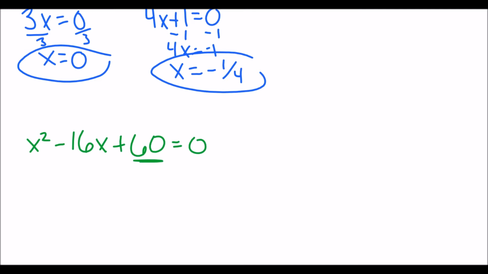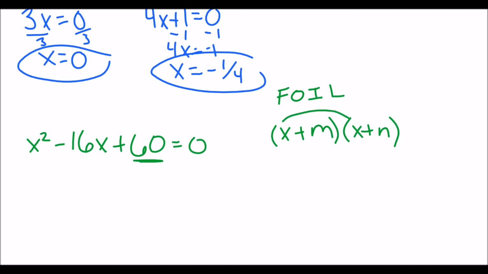What I want to point out is how if we use FOIL on, let's say, x plus m and x plus n. If you don't know what FOIL is, go check out the YouTube tutorial I have called FOIL, and it will walk you step by step through several examples explaining it. But if you do know what that is, it's just a reminder, FOIL is first, outside, inside, last, and that's talking about the terms. So first, outside, inside, and then last.